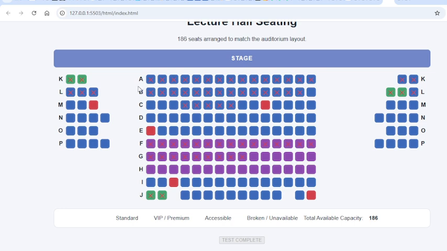And if there were a group of more than 15 people, since this row only allows 15 people, if the available seats exceeded 15 people, then the algorithm would have to split the group and assign the rest of the people to the closest row next to them.